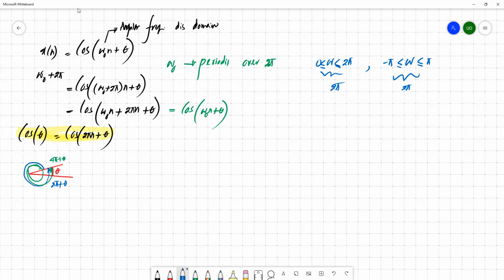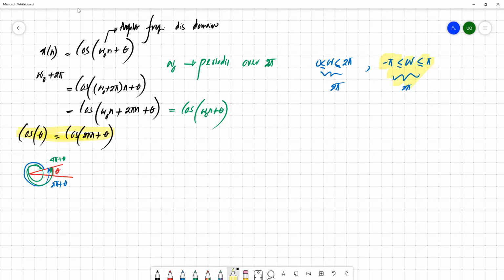In general, we can simply say that the angular frequency of this discrete domain is periodic over 2π. So from this we can claim the range of this omega is this.